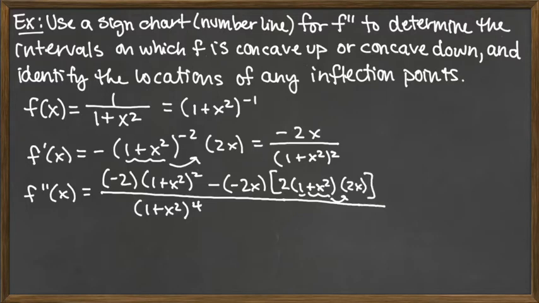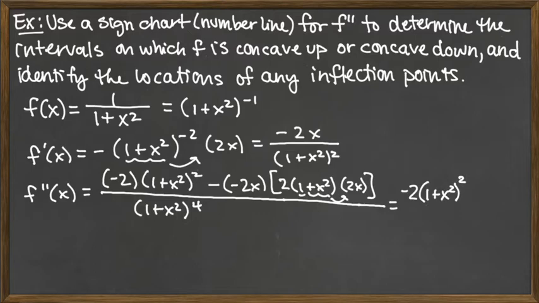All right? And so we have a little bit of work to do here to clean this up. So let's take it step by step. We've got this negative 2 at the beginning, it's as clean as it can be really. We've got a negative 2 times the 1 plus x squared raised to the second power. But then let's take a look at what follows the negative sign. First and foremost, we've got a minus a negative there.